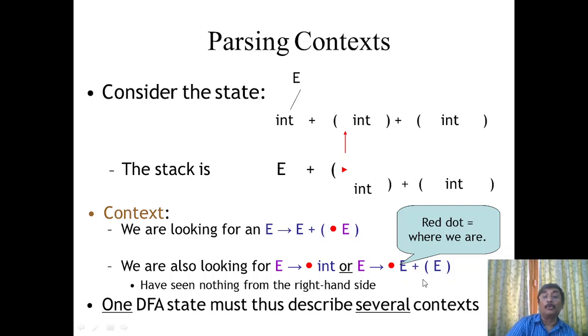My parsing table was not constructed using any lookahead. I have seen this much, but what is next? Where can it be generated from? There are many options, so there are many contexts which one DFA state describes. That's the first thing to understand.